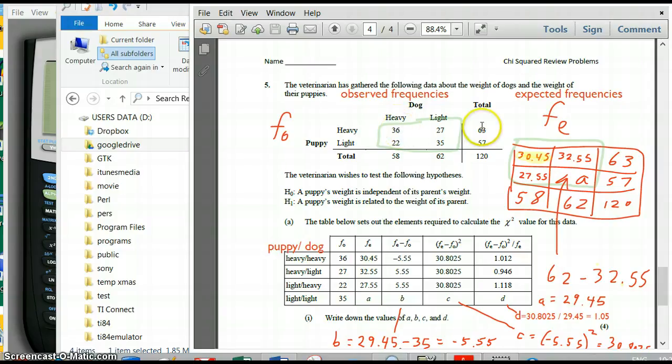That would give us 30.45, for example. Okay, so the table that we would expect for the expected frequencies, we would construct that way. The calculator, of course, does that calculation automatically.